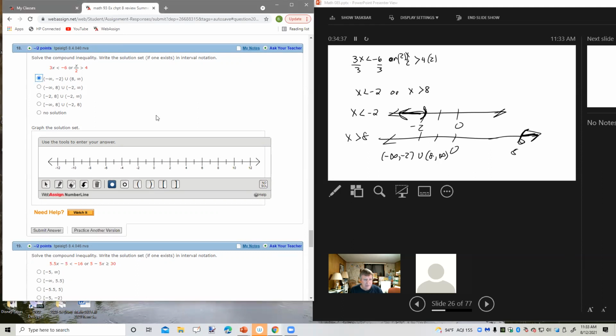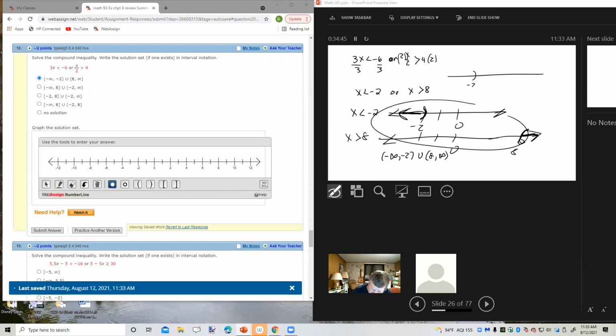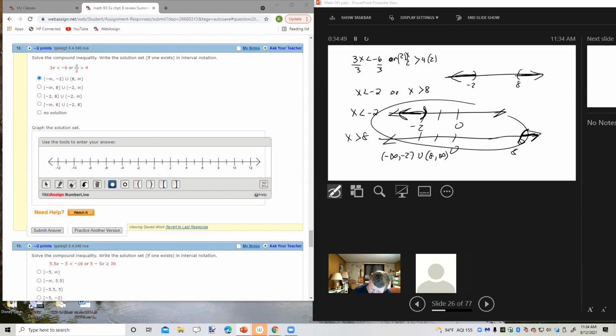Okay. Now, what's the graph going to look like? It's going to look like a combination of these two. So I'm going to have that along with that. Okay, so I'm going to have a right parentheses at -2. And let's see, how do I get an arrow going to the left? There we go, arrow to the left. Okay.